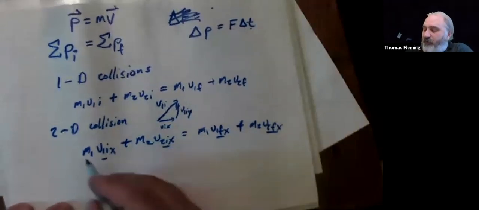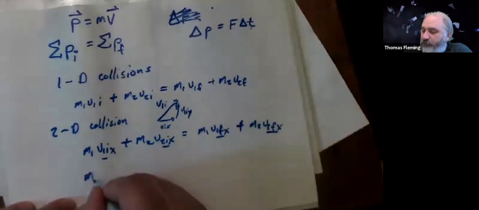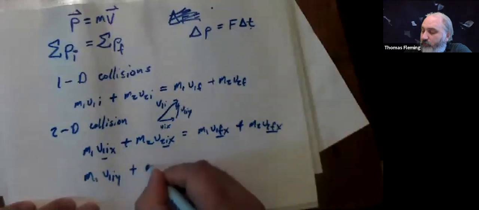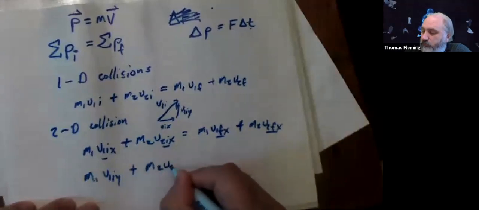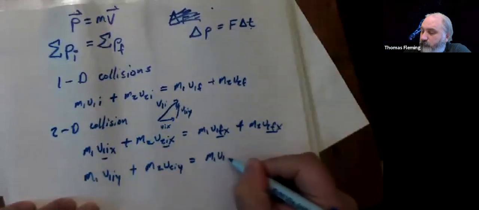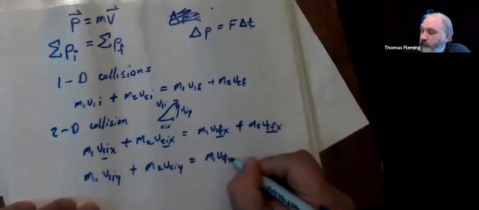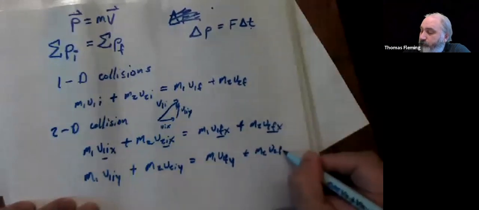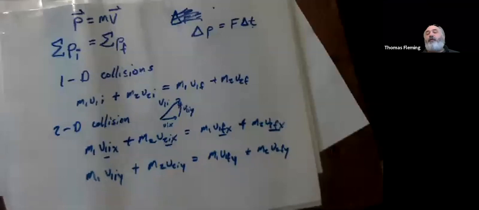And at the same time, you'd have momentum being conserved in the Y direction as well. So all that's going to happen in a two-dimensional collision, as opposed to a one-dimensional collision, is you'll end up with additional equations. You'll have one equation in the x direction and one equation in the y direction.